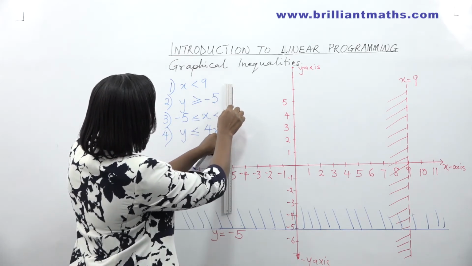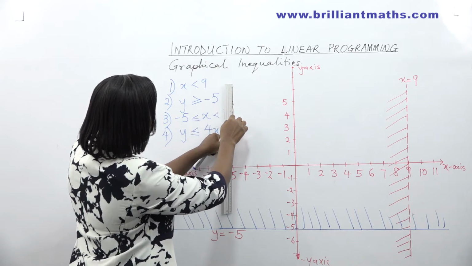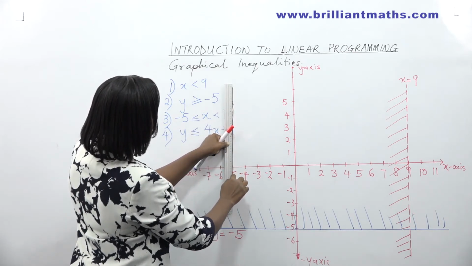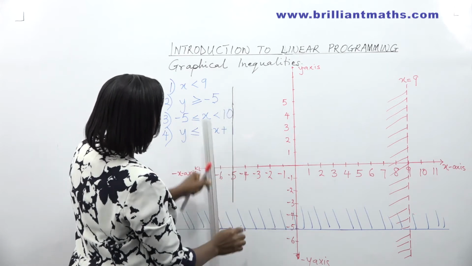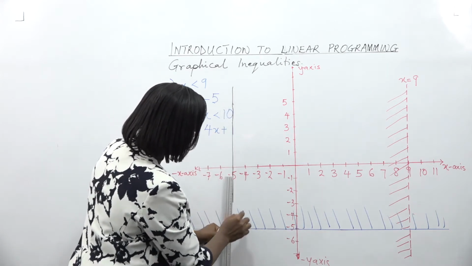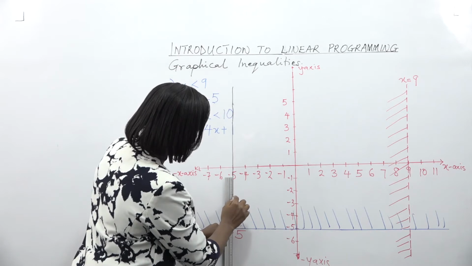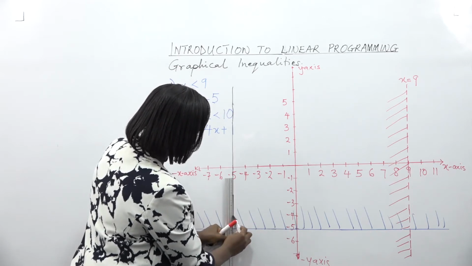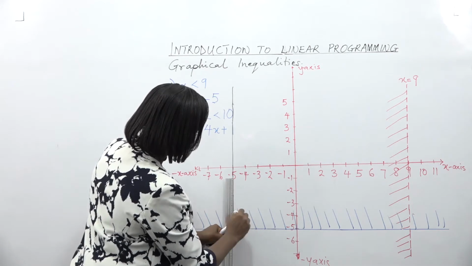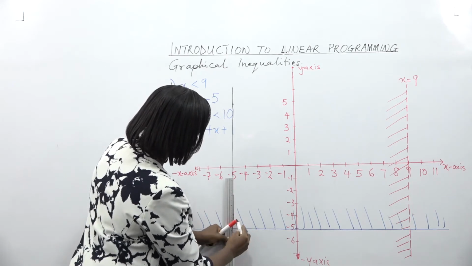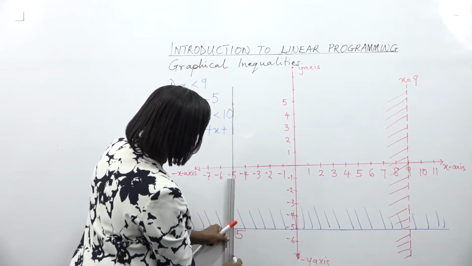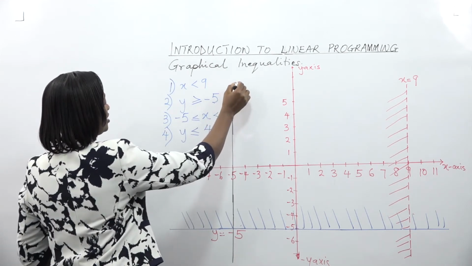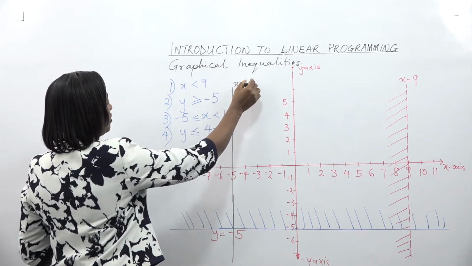And it's going to be solid because x equal to minus 5 is part of the solution. All right? So that's the line x equal to minus 5.